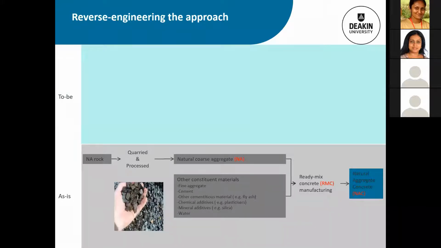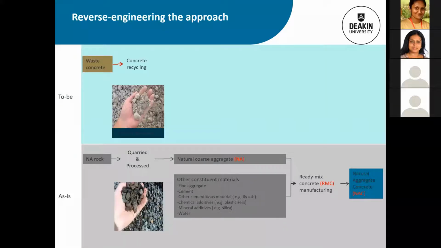The to-be case would be that we will have waste concrete subject to crushing, which will produce a mixed material with brick, mortar, coarse aggregate, fines, dust, everything.